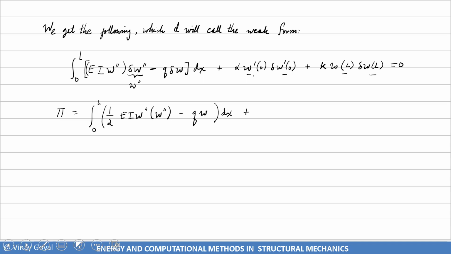Plus, and then again 1/2 because it shows up both here and here, so 1/2 alpha W prime at 0 times W prime at 0, plus 1/2 K W at L times W at L. And you can see here quickly that's the square.